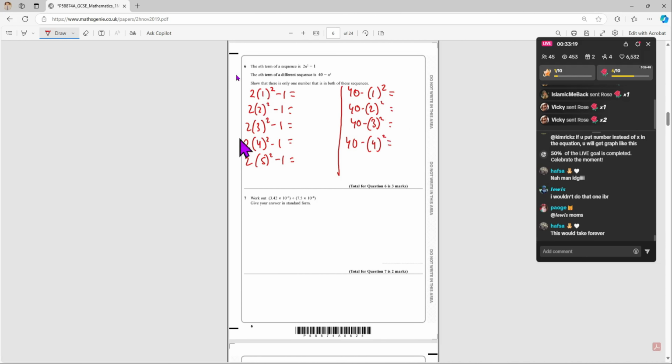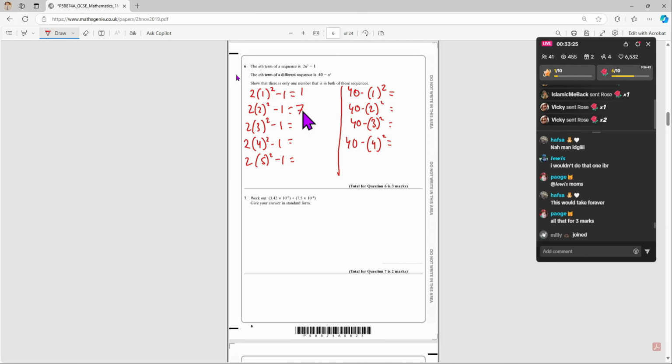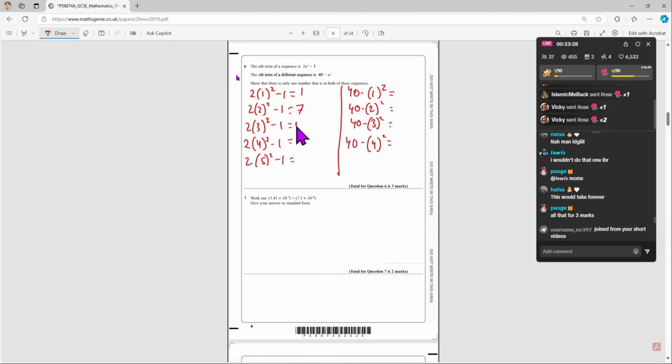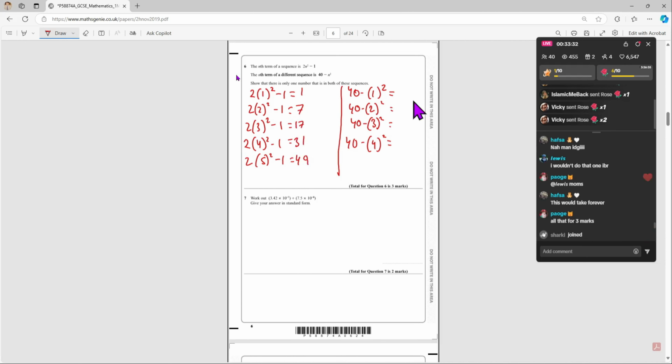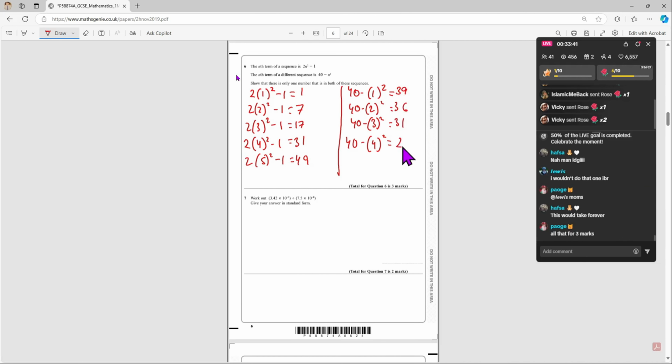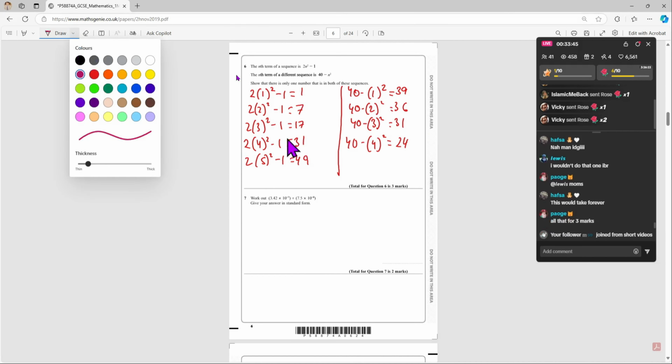So you basically put this into your calculator. So 2 times 1 squared is going to be 2 minus 1 is going to be 1, 7, 17, 31, and 49. And then you're going to get 39, 36, 31, and 24. And guess what? We find a common number. That common number is right here.